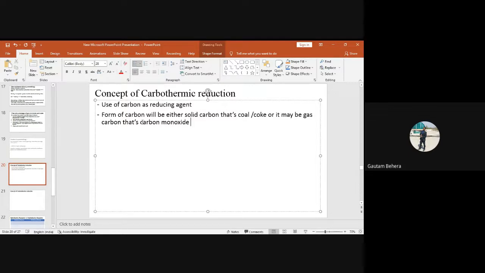Fine. The question is, why carbon now? Why carbon is one of the best reducing agents? So there are various reasons behind why carbon is one of the best reducing agents. So what is the answer? The answer is very simple. First answer is easily available.